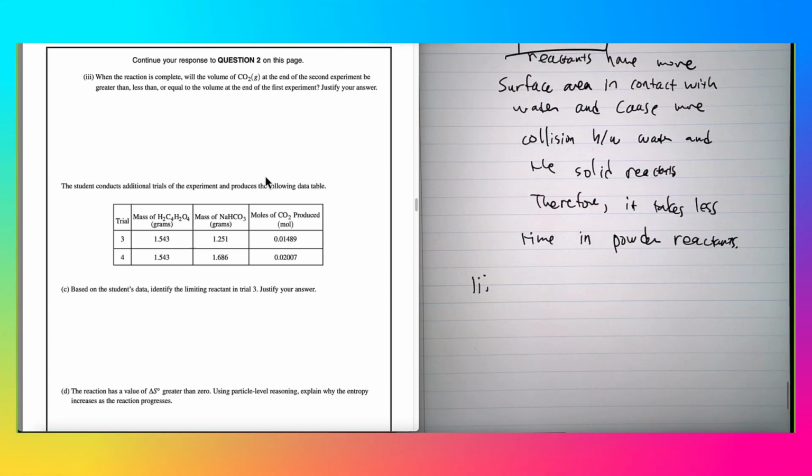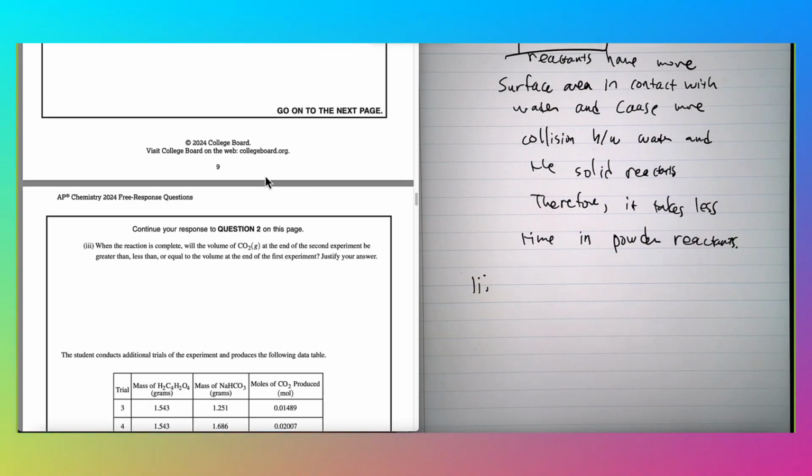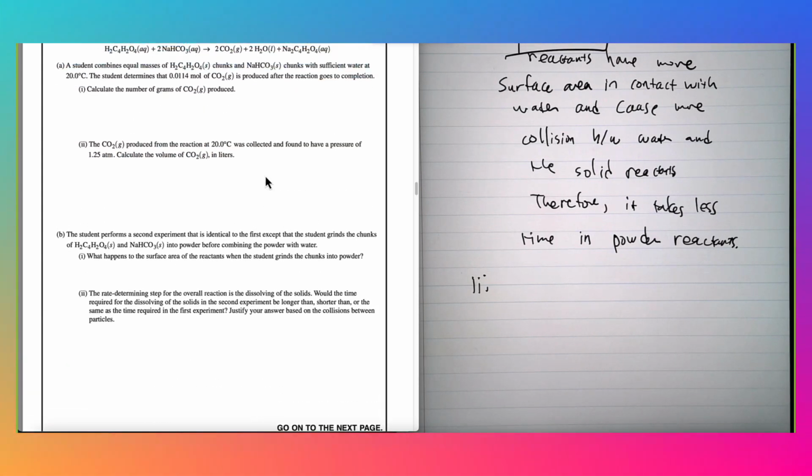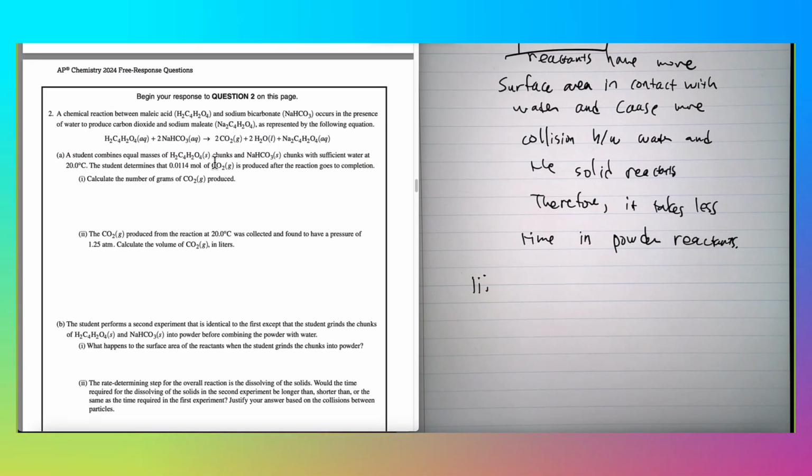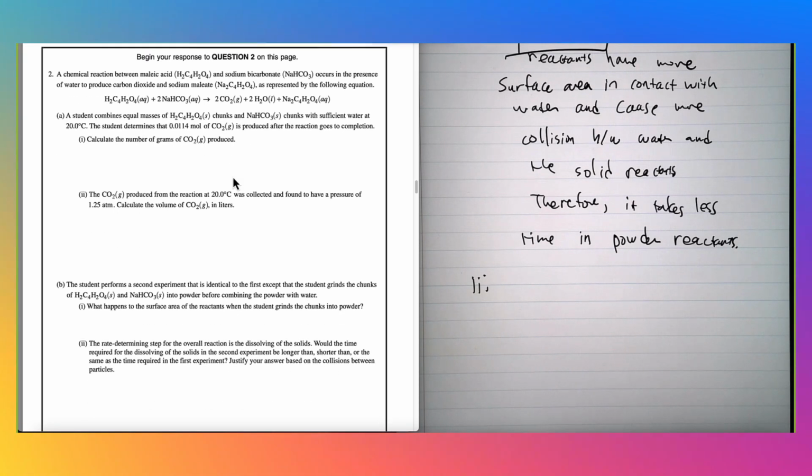Now, when the reaction is complete, will the volume of carbon dioxide at the end of the second experiment be greater than, less than, or equal to the volume in the first? Now, they didn't say any altered conditions of temperature, pressure, or those ideal gas law conditions.